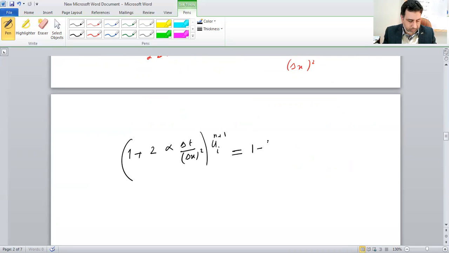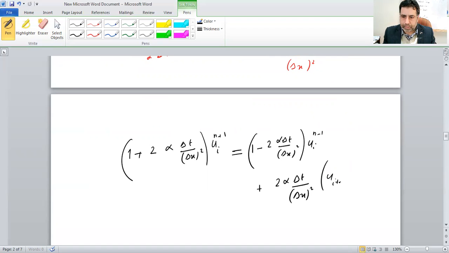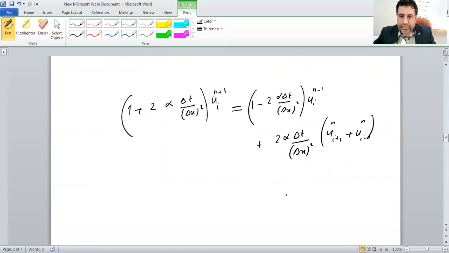So (1 minus 2 alpha delta t by delta x square) u_i^{n-1} plus the last term, 2 alpha delta t by delta x whole square, times (u_{i+1} plus u_{i-1}) at time level n. So that's it. This is the Dufort-Frankel method.